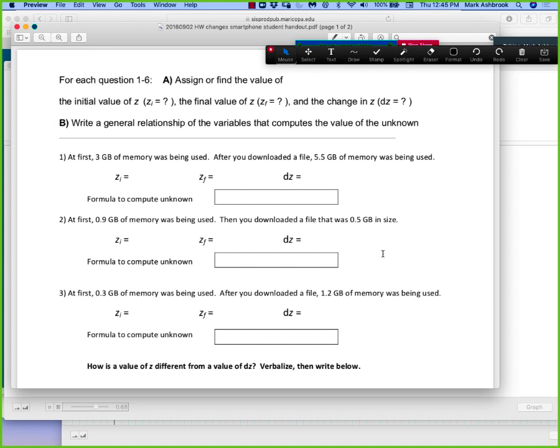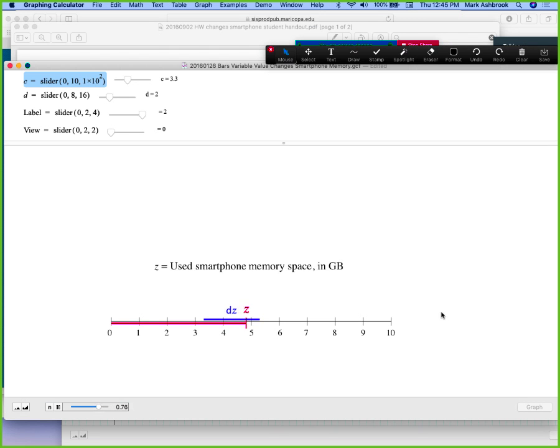Okay, so like number 1, at first, 3 gigabytes of memory was being used. After you downloaded a file, 5.5 gigabytes of memory was being used. So I want you to write down what z initial, z final, and dz are.